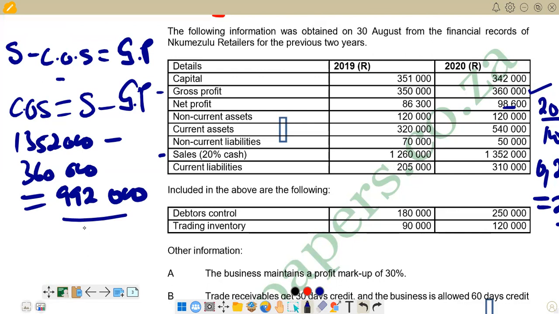So for the average stock, remember we are saying cost of sales over average stock. Now we are here. This is the stock that we have, and we have got stock for these 2 periods, current and the previous. So we want the average. So we are adding this one plus this one, then we divide by 2.